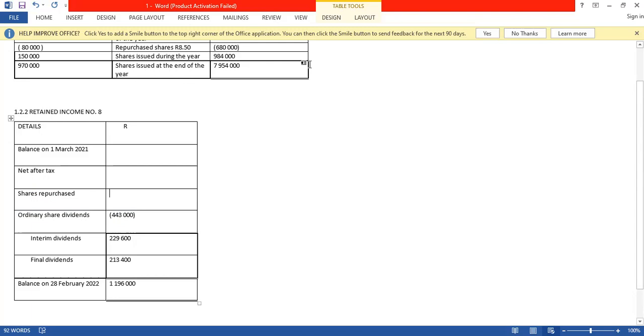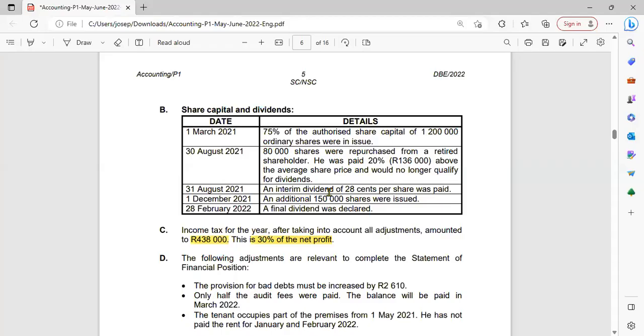We saw information that was talking about the repurchased shares. They said they paid this retired shareholder 20%, which is 136,000, above the average share price. Like I said, the amount above the average share price is what we're going to record in note 8.